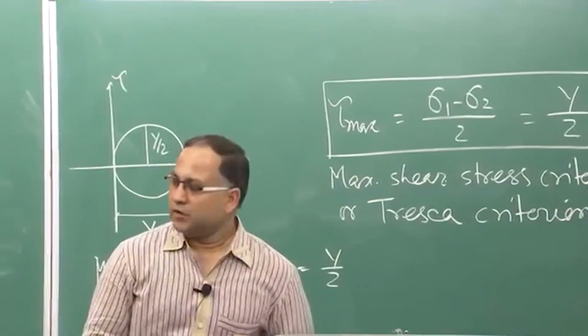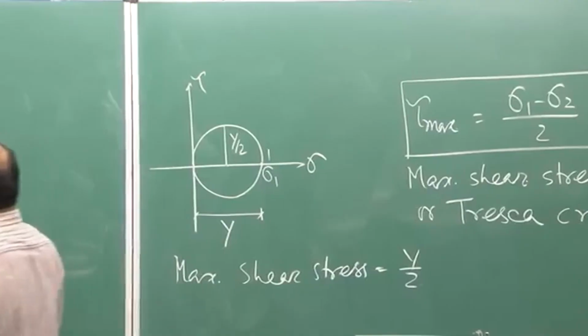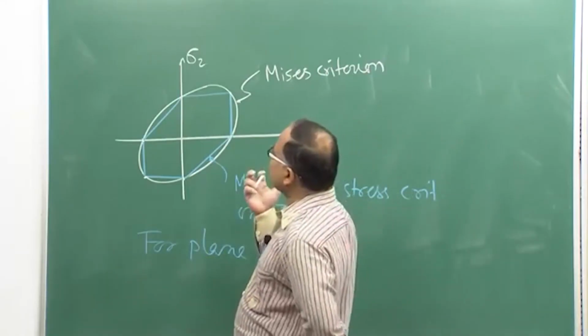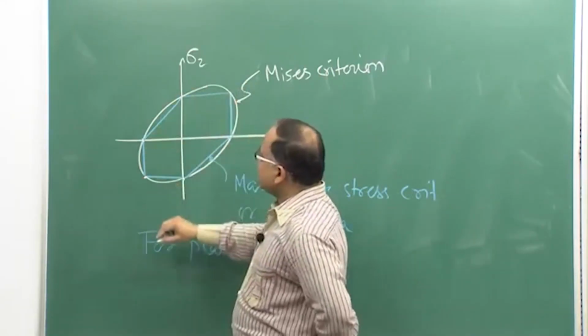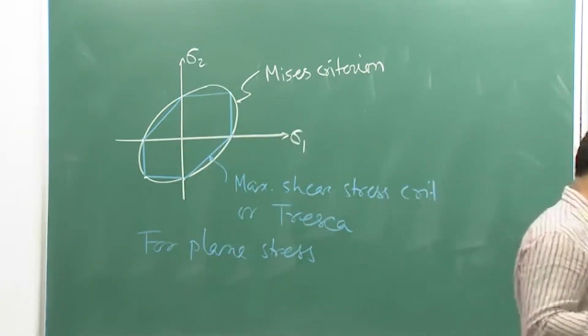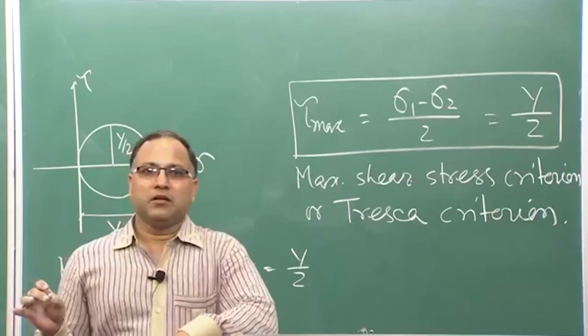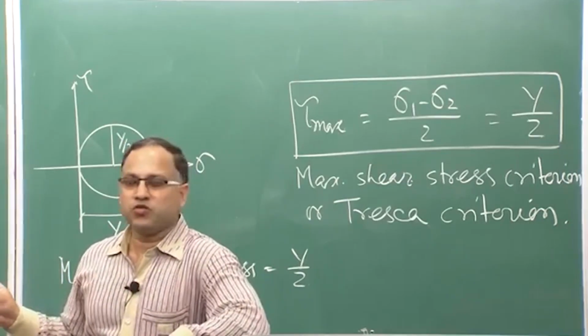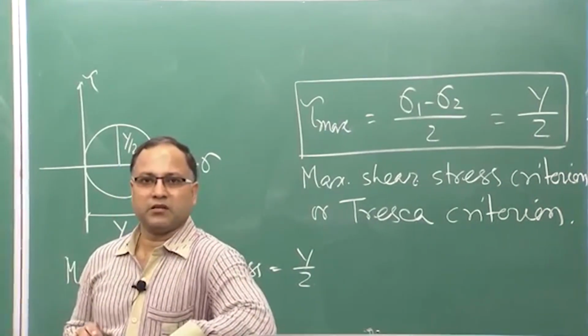So, if your combination of sigma 1 and sigma 2 is such that you are getting these points, whether you are going by Tresca or von Mises, no matter whatever failure criterion you choose, you will be getting the yielding.